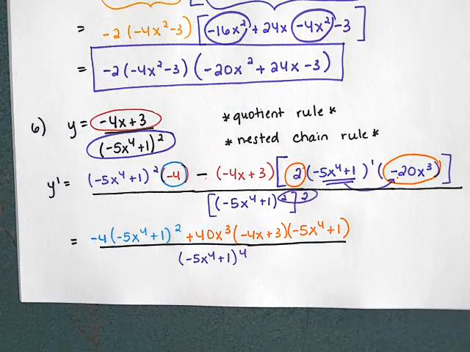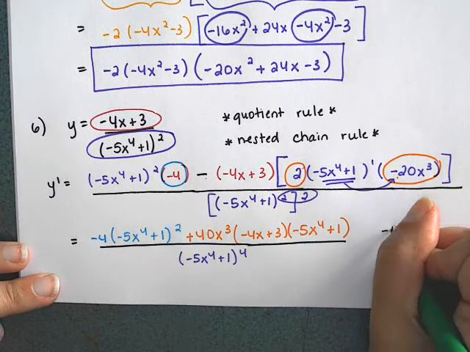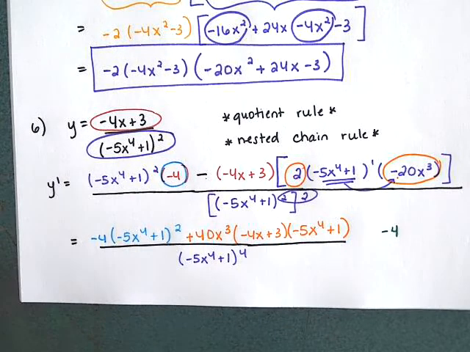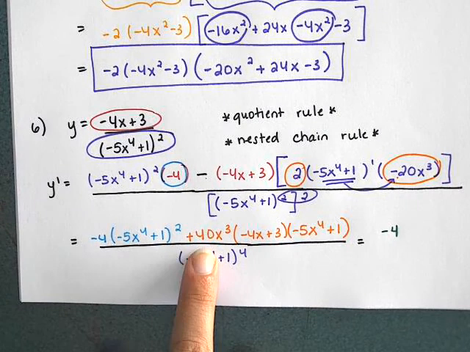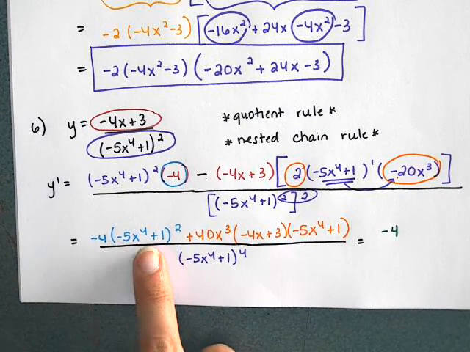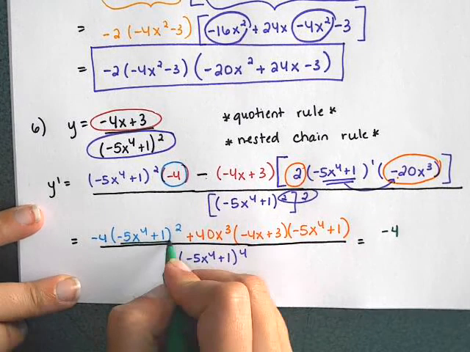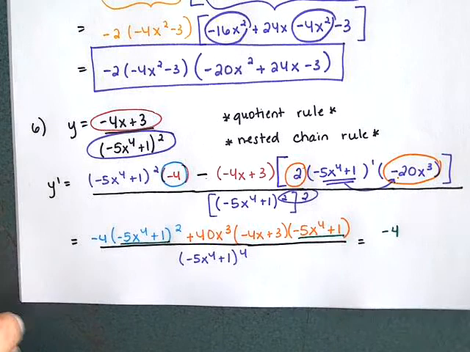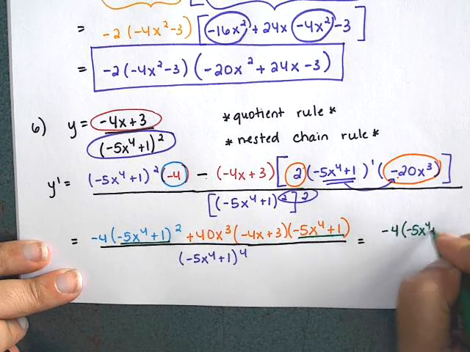Now in order to simplify this, once again I'm going to look for a common factor. So common factor here. These are both divisible by negative 4 because negative 4 and 40 have that in common. Also, this first term has 2 copies of this guy, and this second term has 1 copy, so I'm going to take out 1 copy of that guy.